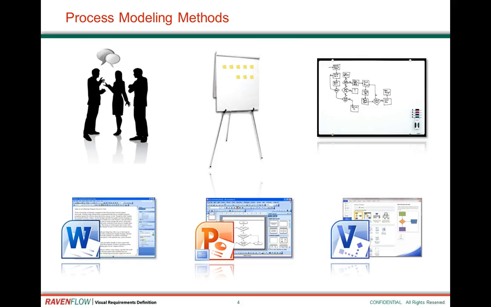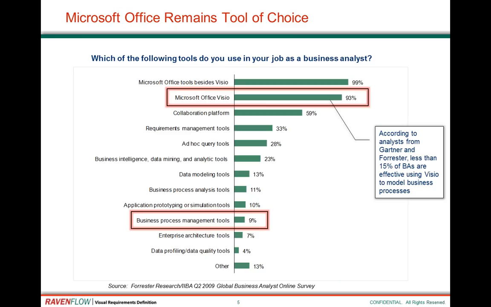And finally, Microsoft Visio, which is certainly the preeminent business diagramming tool in the marketplace. Many business analysts and process analysts use Visio for documenting their business processes as well. The challenge for some of those people is they're not very good at it, or they struggle to use Visio in the way it was intended for process modeling.